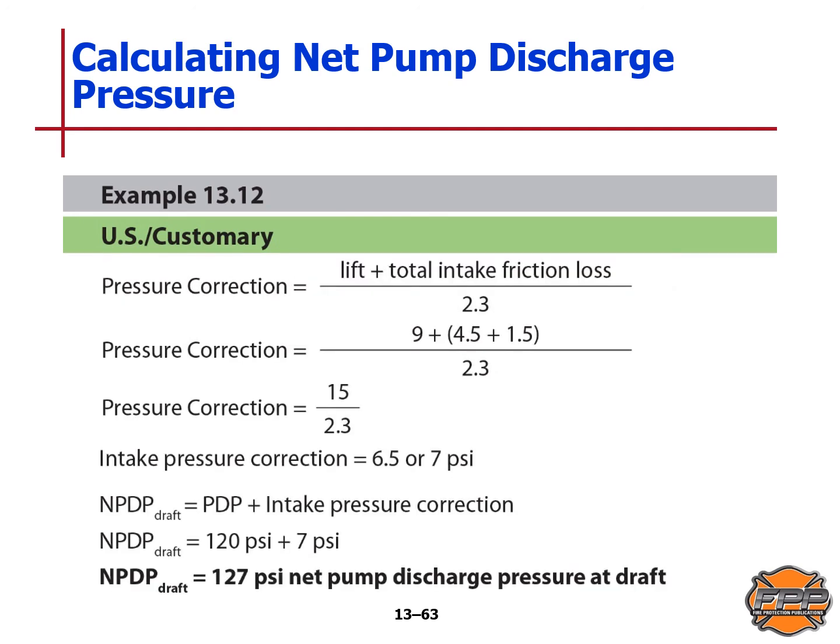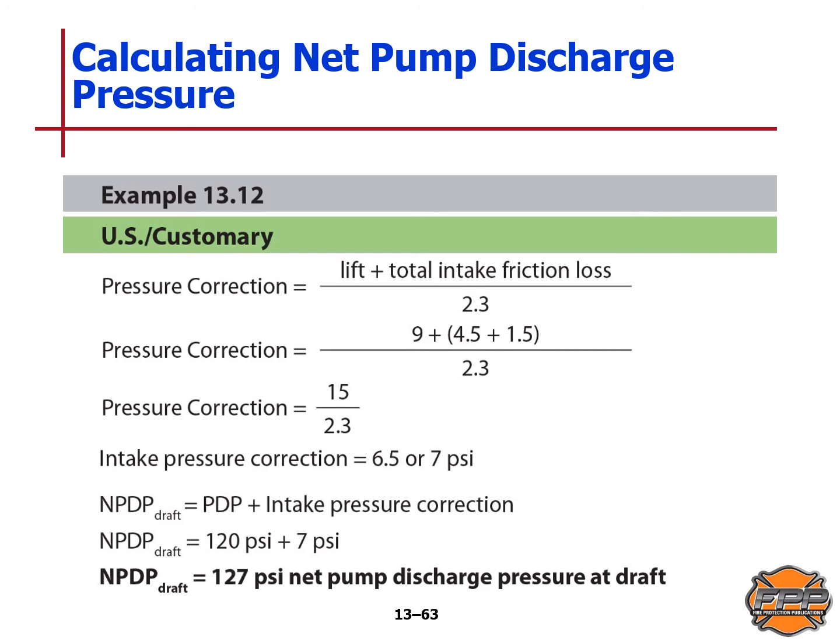So if we take our formula, pressure correction equals lift plus total intake friction loss over 2.3, and we plug in the numbers, we have pressure correction equals 9 plus 4.5 plus 1.5 divided by 2.3. So when we do all the math, we come out with pressure correction of 15 over 2.3.